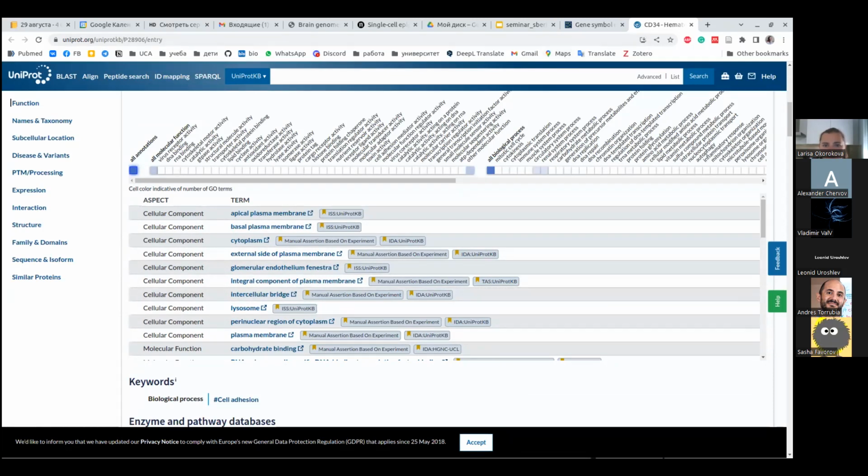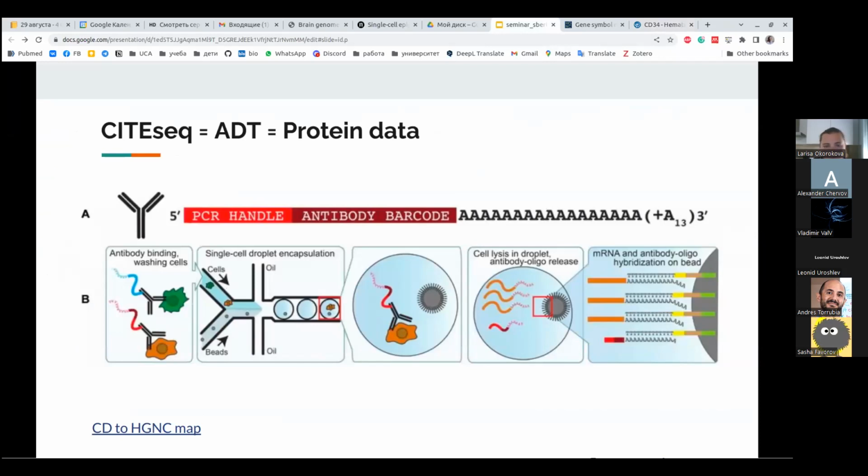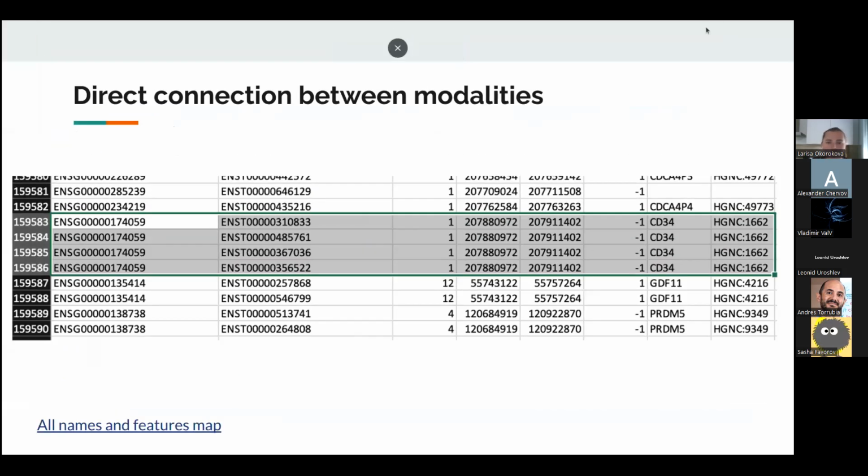Okay, and let's go back to the direct connection between these modalities. I wanted to show you the connection between the name of the gene. This is ENSG and a whole bunch of numbers. This is a special unique ID in Ensembl nomenclature. Here are the different transcripts that you can see from this particular gene.